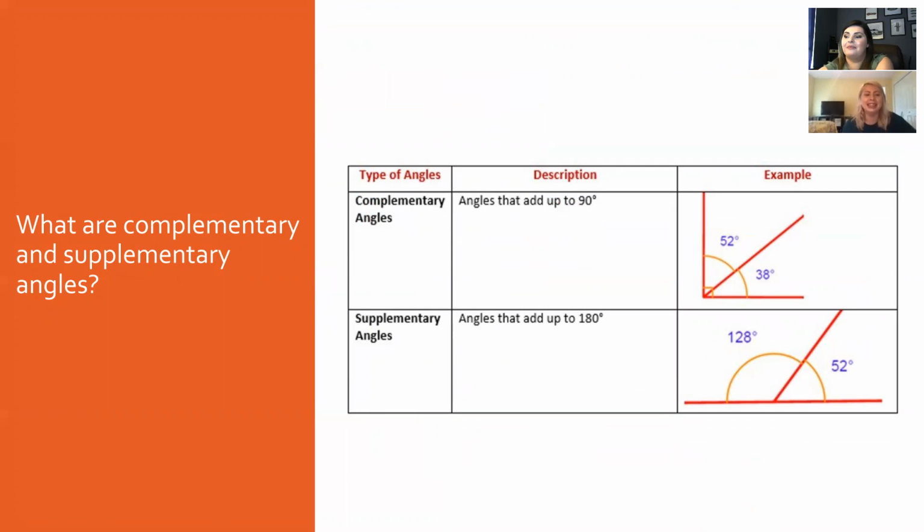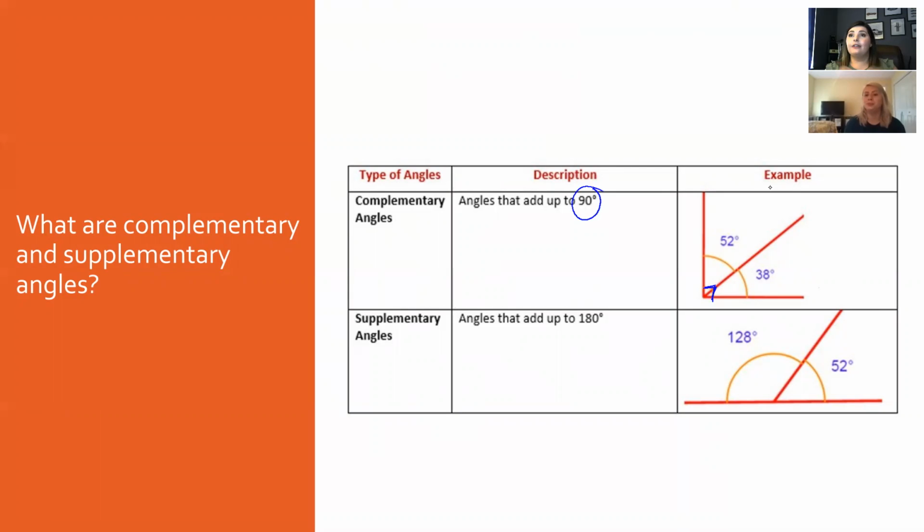So, what are complementary and supplementary angles? We know that complementary angles are angles that add up to be 90 degrees. Something that I don't believe we covered yet in this, though I know we've talked about it before, is that of course for our 90 degrees, we have this secret code in math.